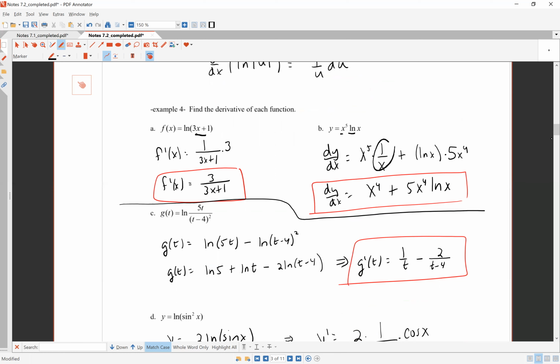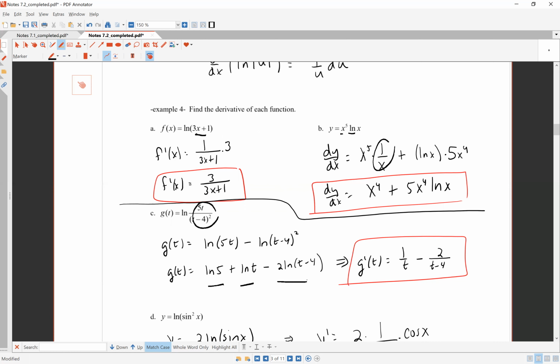Now, what about the derivative of log of the expression 5t over (t minus 4) squared? You can actually use the chain rule: 1 over 5t over (t minus 4) squared, and then take the derivative of all of this. But simplify it first. Use the division and exponentiation properties, and we get g of t is log of 5t plus log of t minus 2 times log of t minus 4.